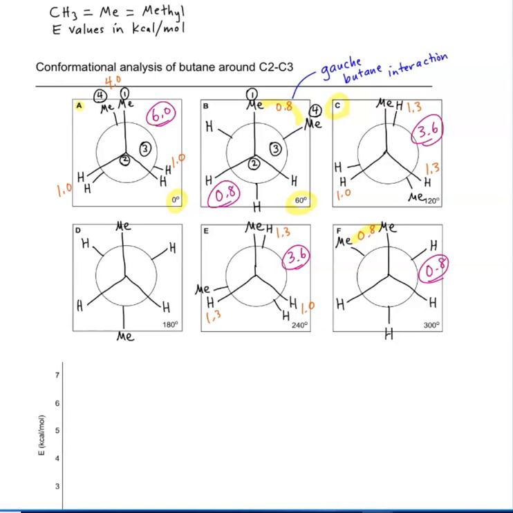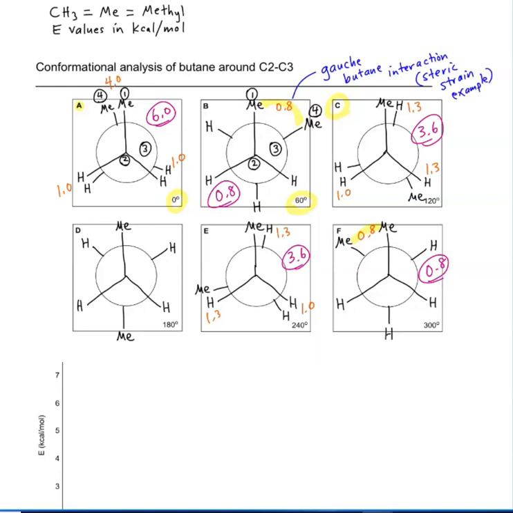If either one of those groups is anything smaller than a methyl group, though, you're not going to have the steric strain. So a gauche-butane interaction, let's add this in, is an example of steric strain. The hydrogens on the methyl groups are too close.